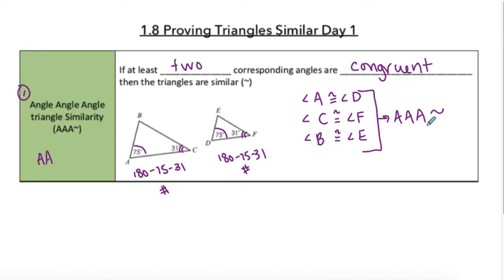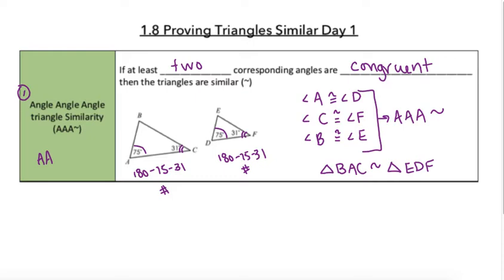So because I have angle, angle, angle similarity, I know that triangle BAC is similar to triangle, okay, so if I labeled that one BAC, I'm going to say triangle EDF. And this is one way to show and guarantee that I have similar triangles because of the congruent angles.